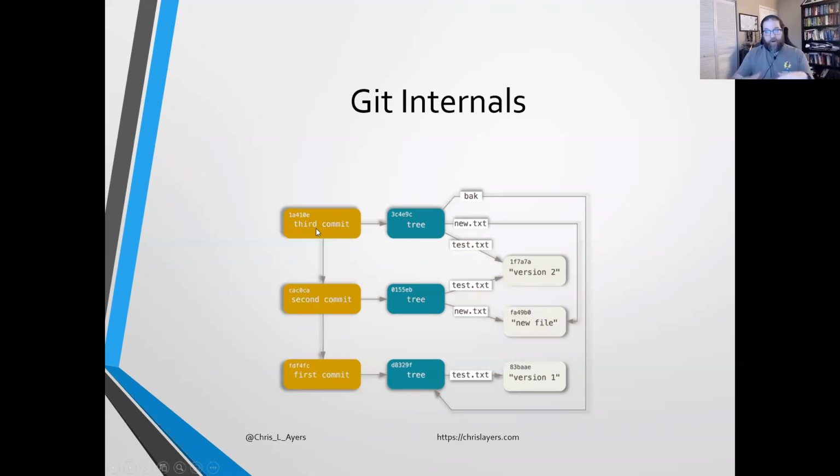On that third commit, let's say we have this back folder that has one file in it called text.txt with the version 1 string. We don't need to make a new folder to hold a thing that has one file with that content. It already exists in the tree. It already is in that database of objects.